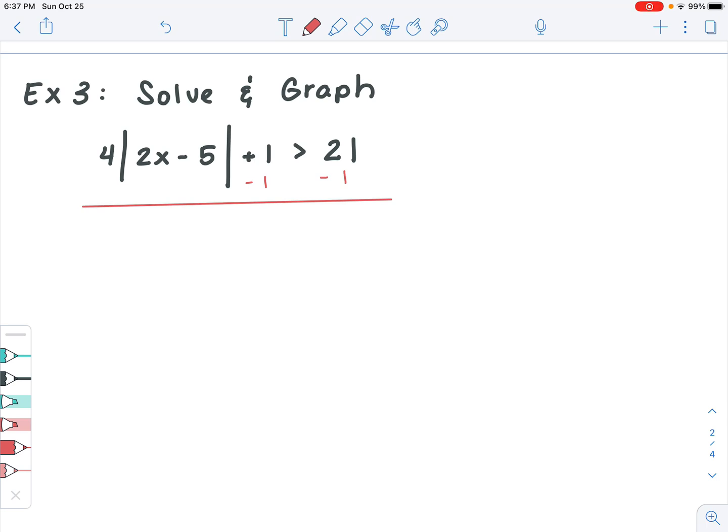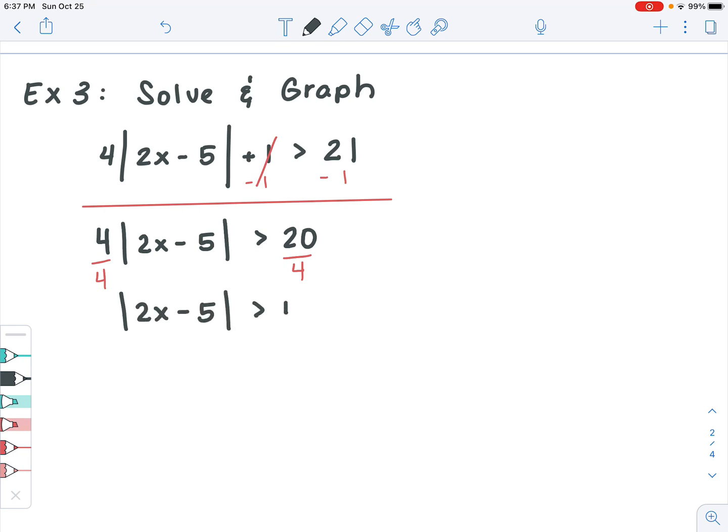So in order to do that, we're going to subtract 1, which leaves us with 4 times the absolute value of 2x minus 5 is greater than 20. And then we've got to divide by 4, which gives us the absolute value of 2x minus 5 greater than 5. And now I can write my two equations and solve them.